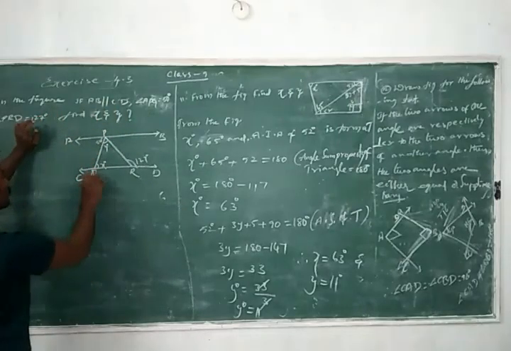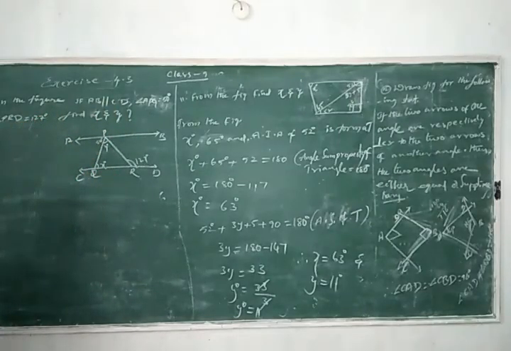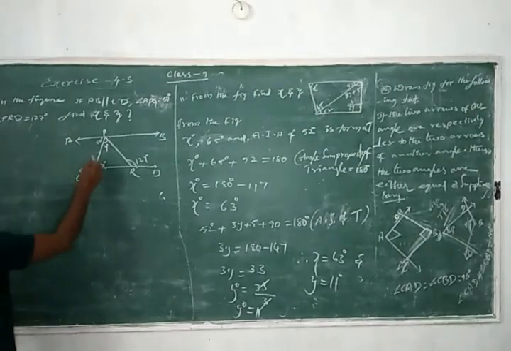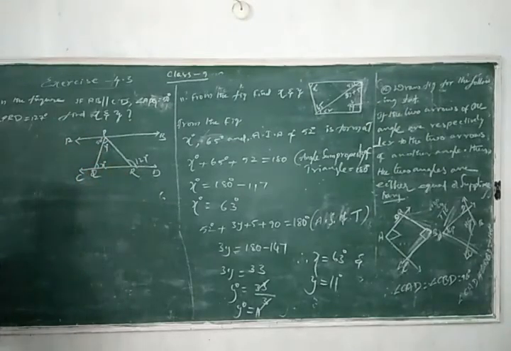It is the Q. Here we need to find the value of x and y. So you observe here, angle APQ is equal to angle PQR, otherwise angle QPA is equal to angle PQR, whatever it is.